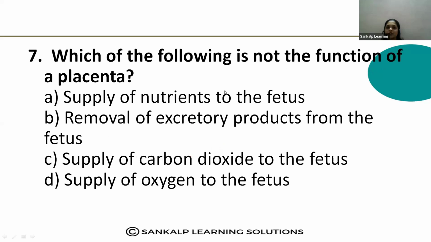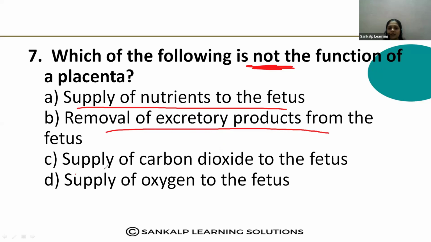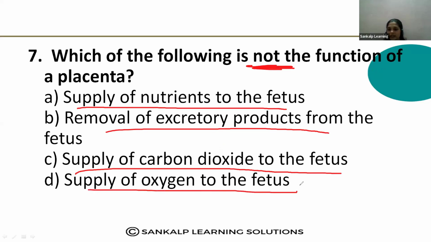Seventh question. Which of the following is not the function of the placenta? Read the question properly. Supply of nutrients to the fetus, removal of excretory products from the fetus, supply of carbon dioxide to the fetus, supply of oxygen to the fetus. What is the correct answer? Write the correct answer in the comment.